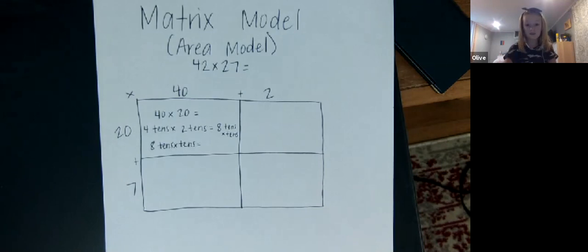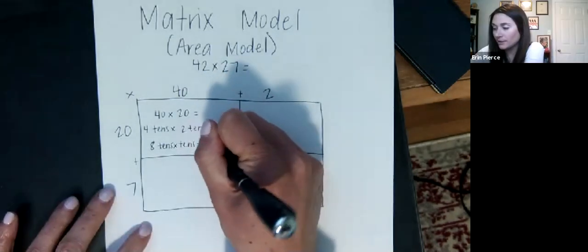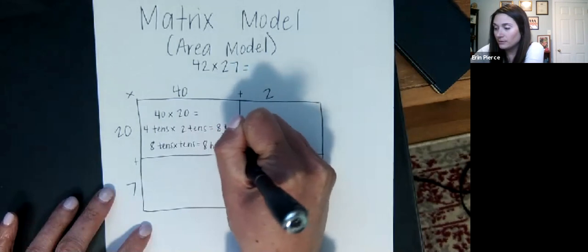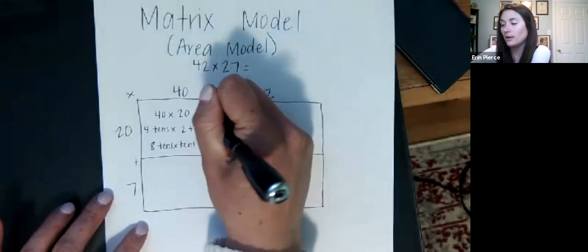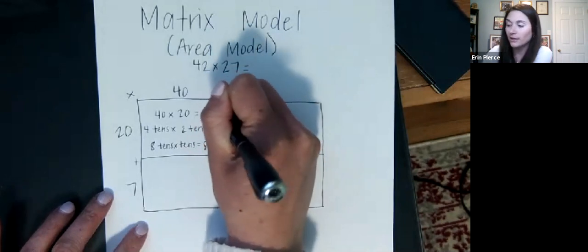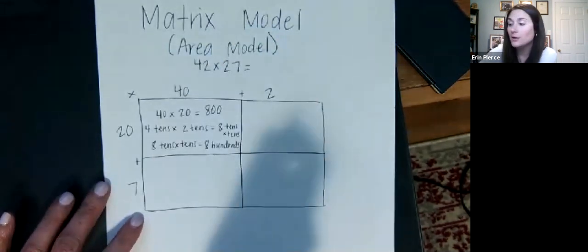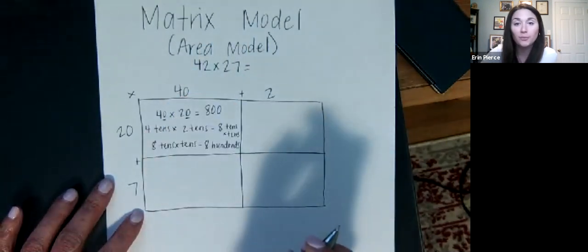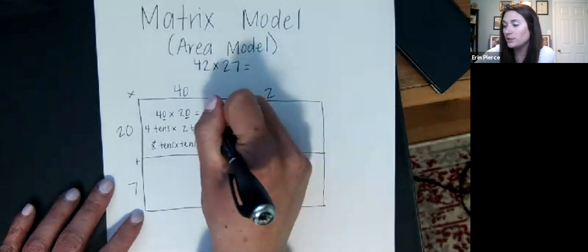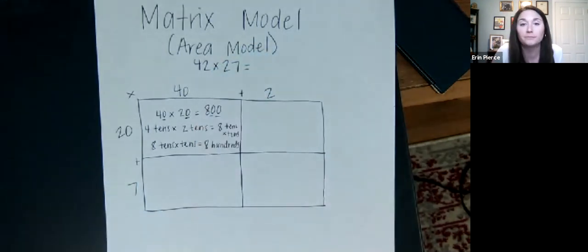Hundreds. So now I have 8 hundreds. So if I go back up to my top part, 40 times 20 equals 800. And I can check my answer because I have 2 zeros in my multiplication problem and I have 2 zeros in my answer.